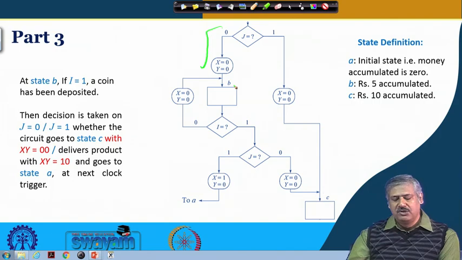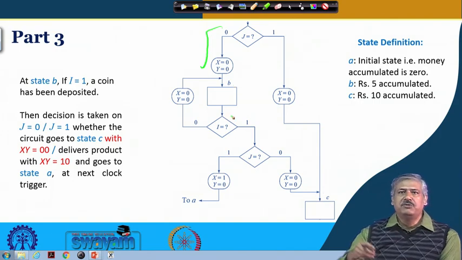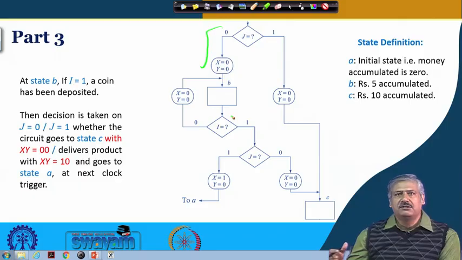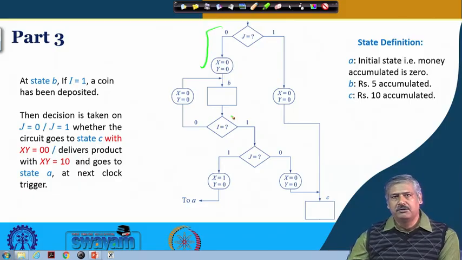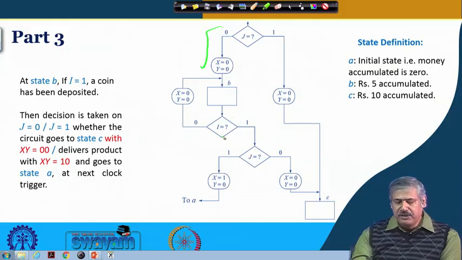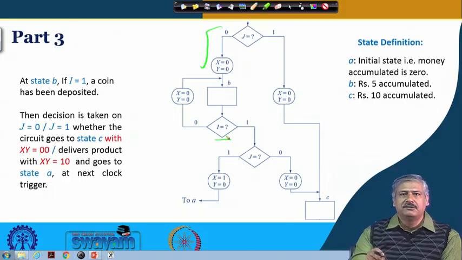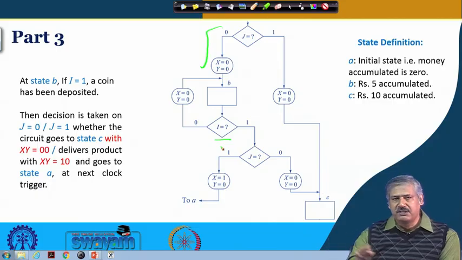Now, as I said, human response is slower than the machine, the clock, that is what is expected here, and that is usually what you will see. So there will be cases where, before the next coin is deposited to get the product, it will find that no further coin has been deposited. The earlier coin that was deposited has been taken away from the place where the sensing mechanism is.